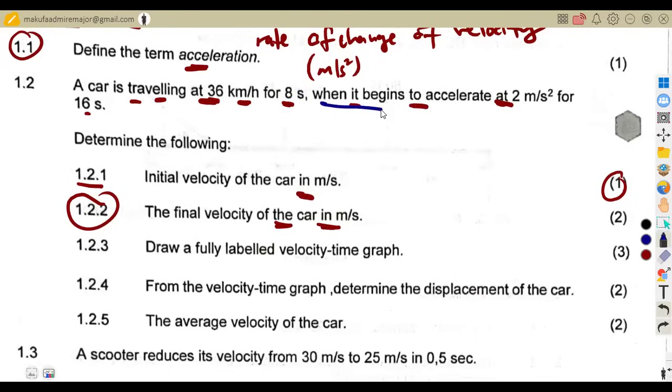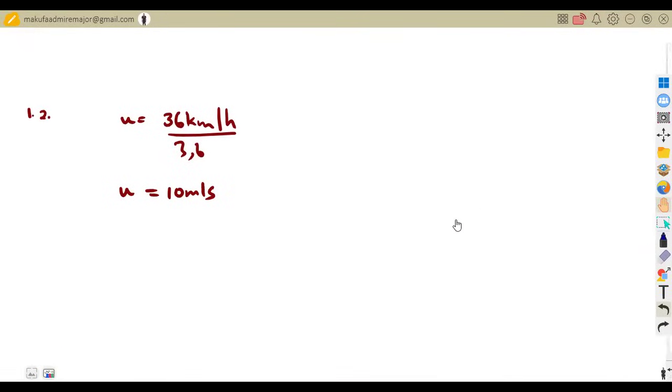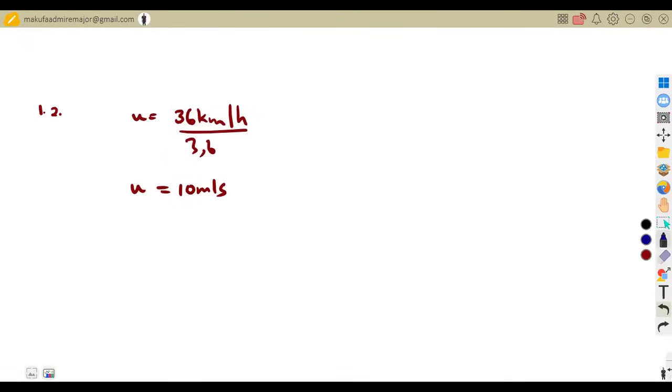Then when it begins to accelerate at 2 meters per square second, there is an acceleration for 16 seconds. So it's like in stages. The best way to understand this is by having a sketch. Yes, it's true that we're going to have that part of the sketch later on, but it was important to have a sketch a little bit like this. This is our velocity here in meters per second, and this is the time in seconds.